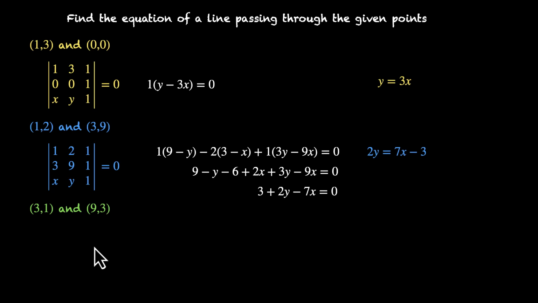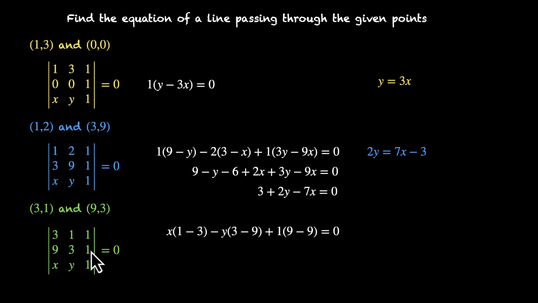Let's find the last equation. We have 3, 1, 1, 9, 3, 1, x, y, 1. Determinant of this is equal to 0. We can also expand using the third row, which has x and y. So the third row has x times 1 minus 3, minus y times 3 minus 9, plus 1 times 9 minus 9.